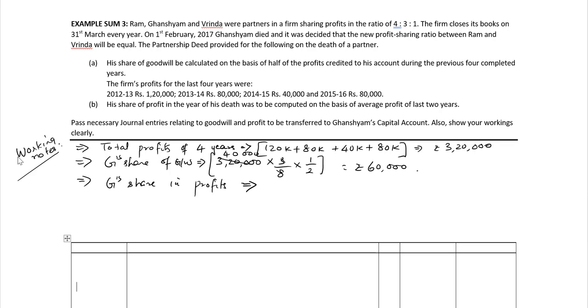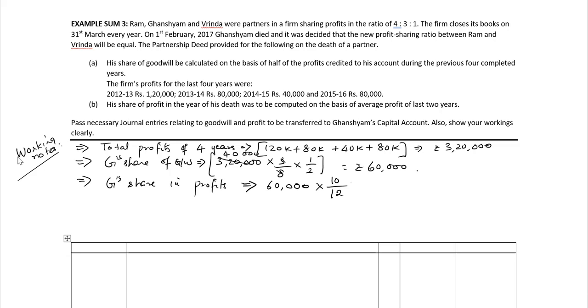So that comes up to 1,20,000 divided by 2, which is 60,000 rupees, multiplied by the period. Ghanshyam dies on 1st February 2017. The number of months from 1st April 2016 till 1st February 2017 is 10 months.